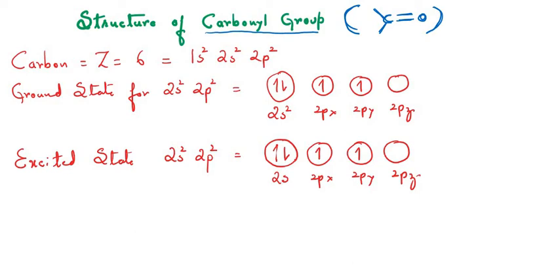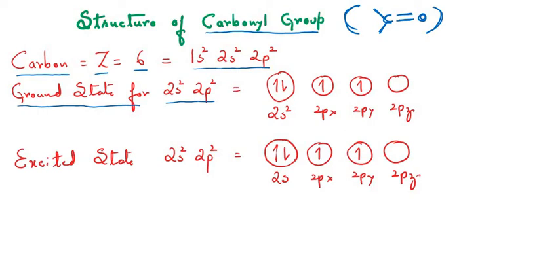Basically, we know that the atomic number of carbon is 6, denoted by Z, and the electronic configuration is 1s2, 2s2 and 2p2. For the ground state electronic configuration of this carbon, we consider the outermost electronic configuration, that is 2s2, 2p2.